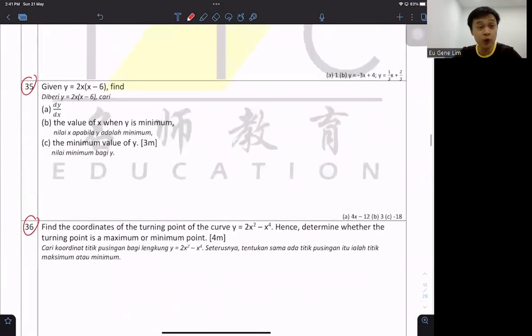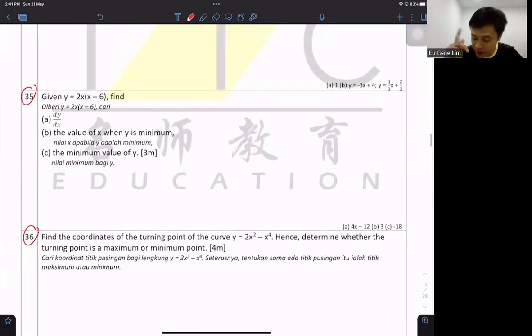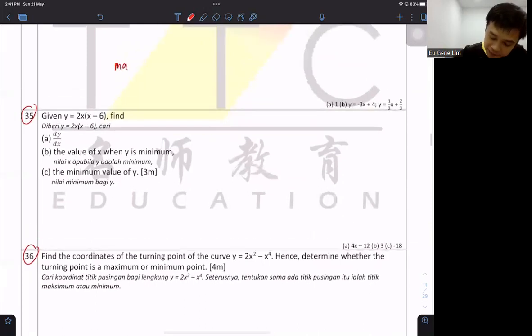So now let's go to question 35. Let's try to do maximum minimum. How to do? Very simple. You just have to remember, take some notes first. Maximum or minimum doesn't matter, it's the same: dy dx equals 0.